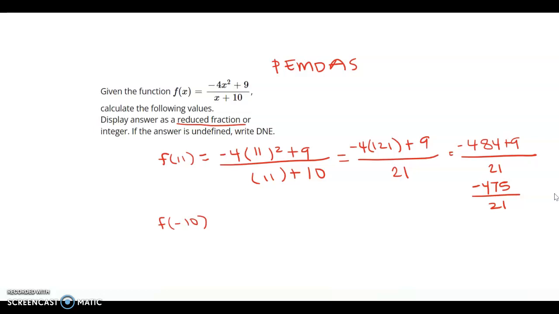I'm thinking 475 could be divisible by 3. It's not. I know it could be divisible by 7, which it's not, and so it looks like that's the furthest down because 3 and 7 are the only ones 21 could reduce by, and so this one will just be our final for f of 11.